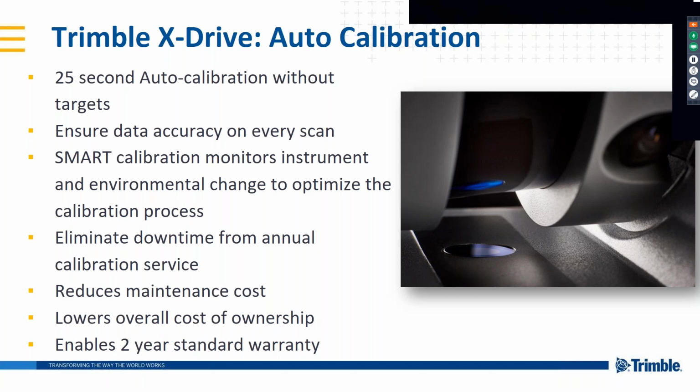So with the X7, we actually built a kind of collimation test bench into the bottom of the unit, part of that X drive, which gives us the capability to do that calibration before each scan. And as such, as long as the scanner is mechanically sound, and one of the things that will fail such a calibration is, of course, if that isn't the case, you will not have to send the scanner back to us for that calibration routine, as it does it before each individual scan.